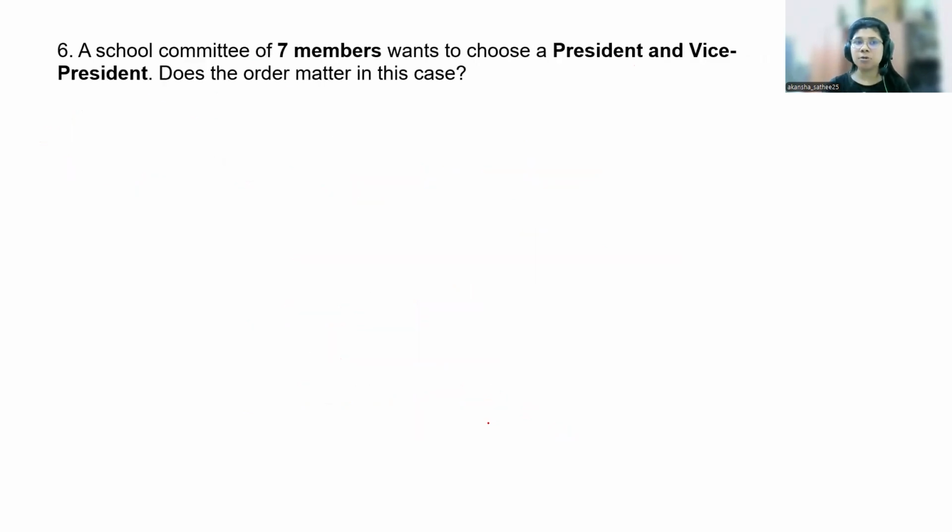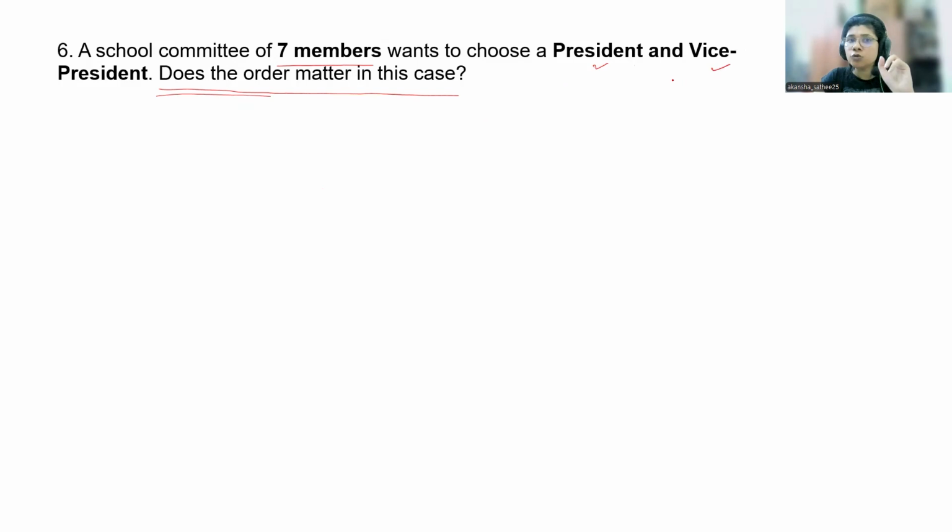Let's see the next problem. A school committee of 7 members wants to choose a president and vice president. Now the question is, does the order matter in this case? The question is not in how many ways you can pick president and vice president. They want to know whether, so here you can see that president and vice president.